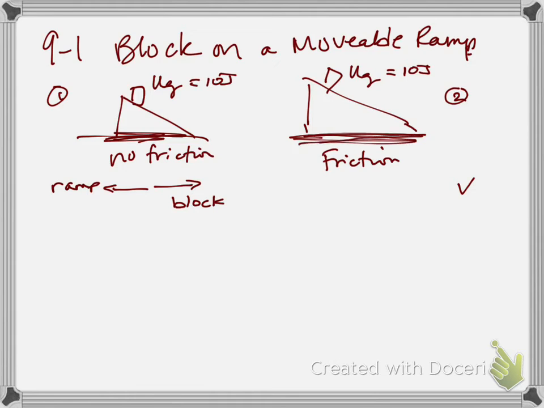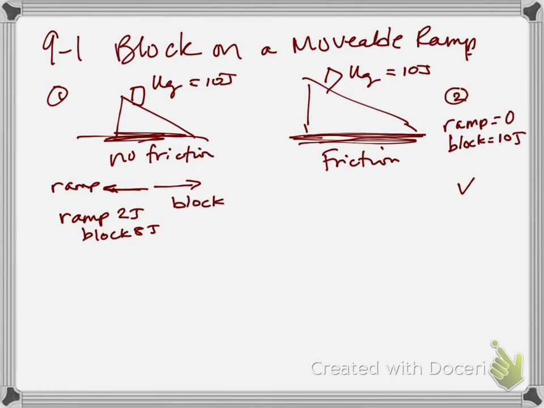Well, let's start with the ramp where there's friction, because at the end of this, the ramp is going to have no kinetic energy, and the block is going to have those 10 joules. In the first case, the ramp is moving to the left, so the ramp might have 2 of those joules, which would mean that the block could only have 8 joules.